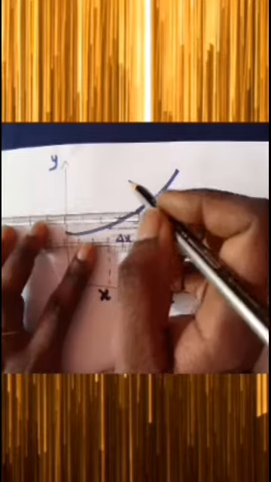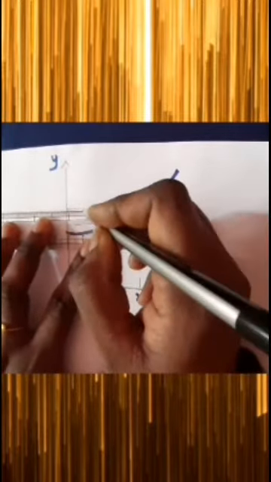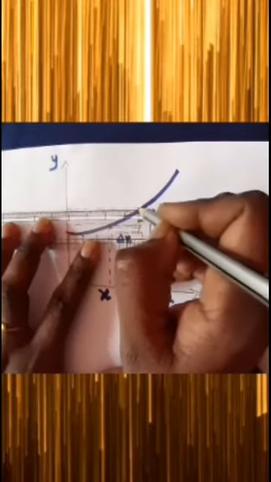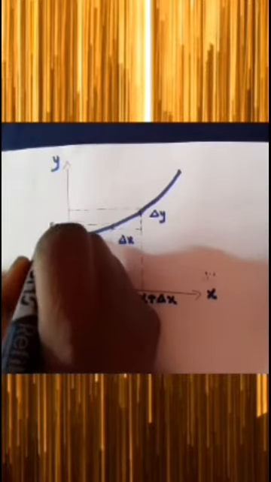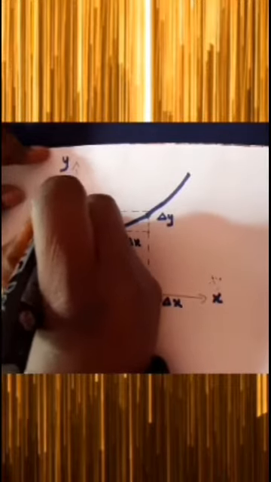If I consider this point as f of x, this point will be f of x plus delta x.